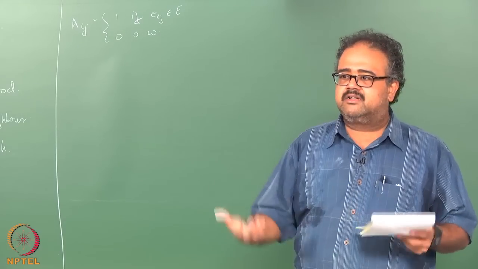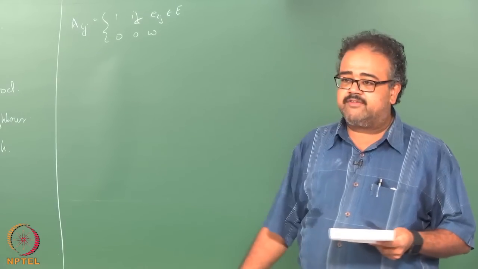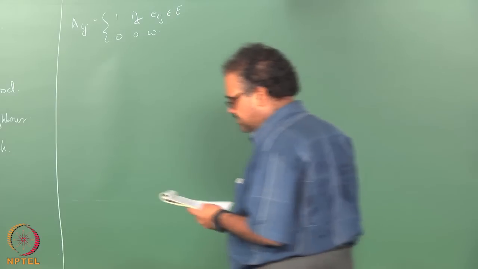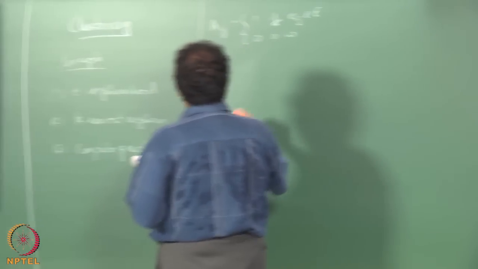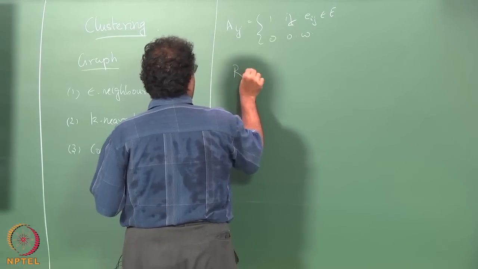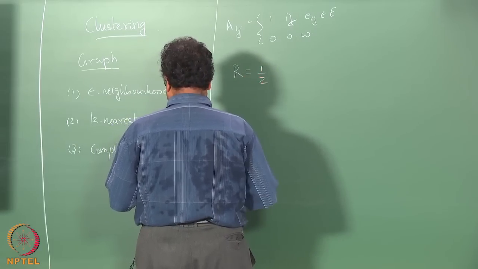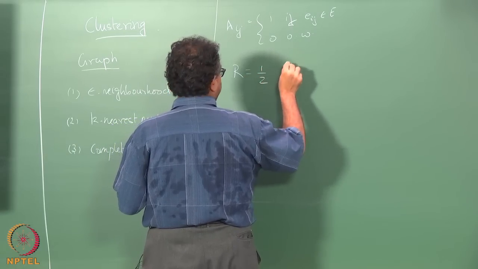If I am going to convert all of them into undirected graphs, all of them will be symmetric. So I am just going to think of this as a symmetric matrix. I am going to define the quantity called the cut value denoted by R.